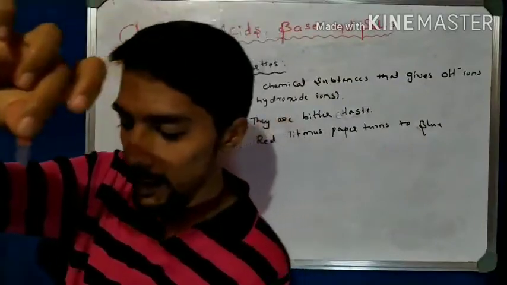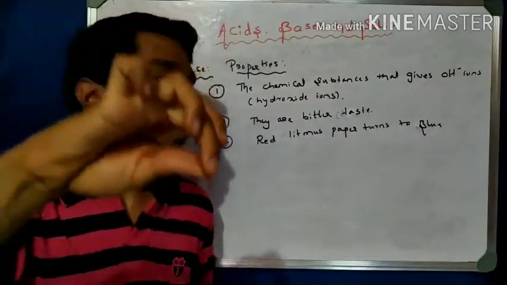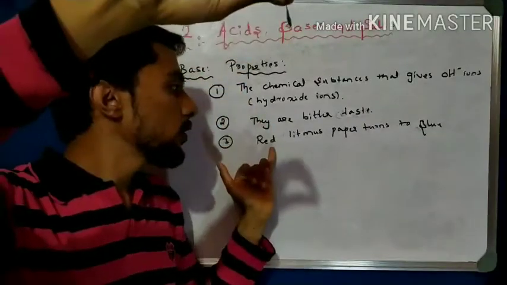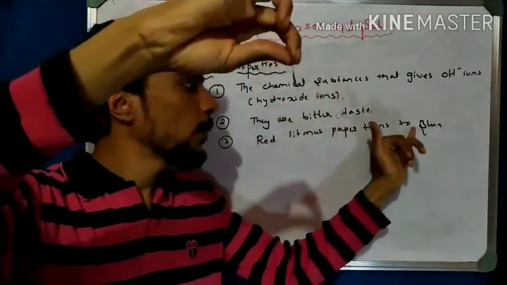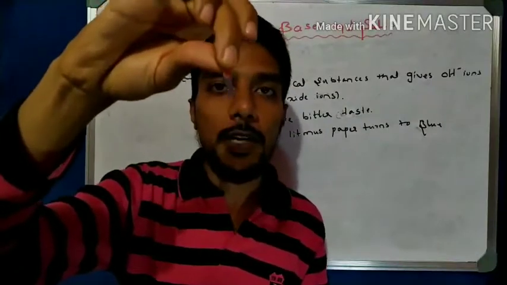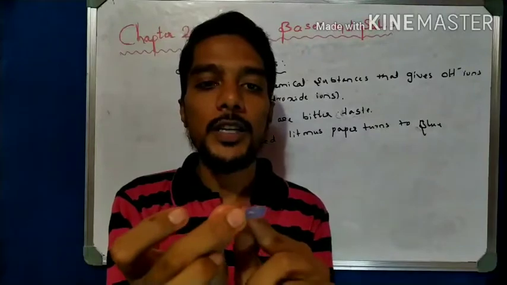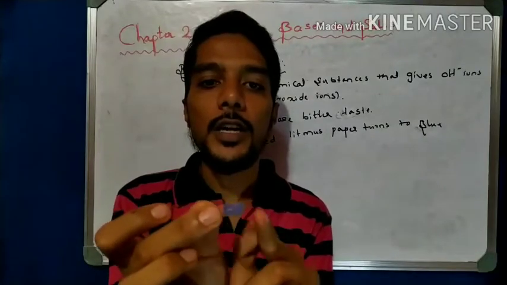So the third property of a base is that bases are those substances which turn red litmus paper to blue litmus paper. This is the color, see here, this is the red, but when this part is dipped into the base, it is converted into blue color.